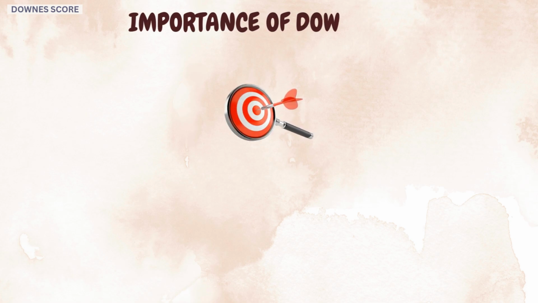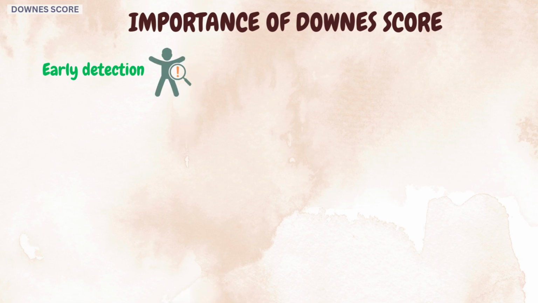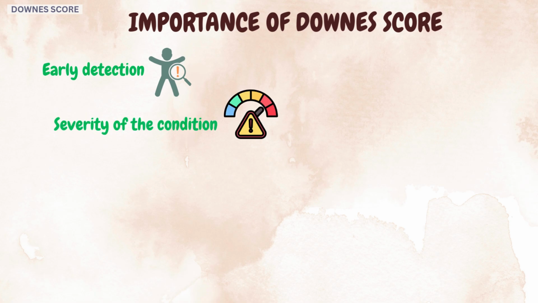After learning the application of Downey score, let's understand the importance of Downey score. It helps in the early detection of the risk of respiratory failure among newborns or infants. It also helps in the severity assessment. That means it provides a quantitative measure of the severity of respiratory distress.